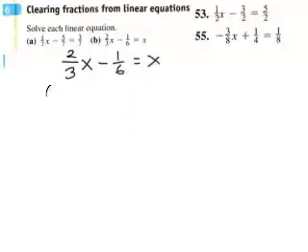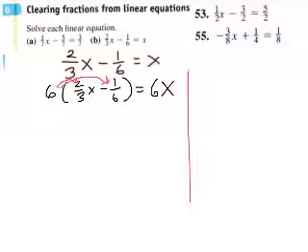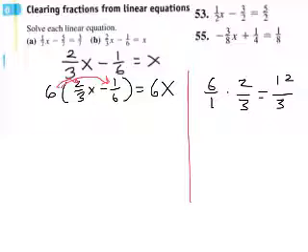So again, 6 times 2/3 x minus 1/6 equals 6 times x, which is 6x. Okay, so the distribution, there and there, and again we could do the multiplication over on the side. 6 over 1 times 2/3 is, for you people who don't cross cancel, 12/3, which equals 4. 12 divided by 3 is 4.